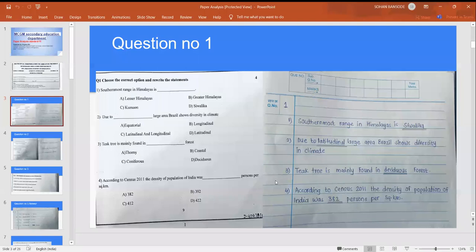In the same way I have written the full sentence and then underlined the word. According to the census 2011, the density of population of India was dash persons per square kilometer. The answer is 382, that is option A. So in this way you have to write your answer. We'll move towards the next one.